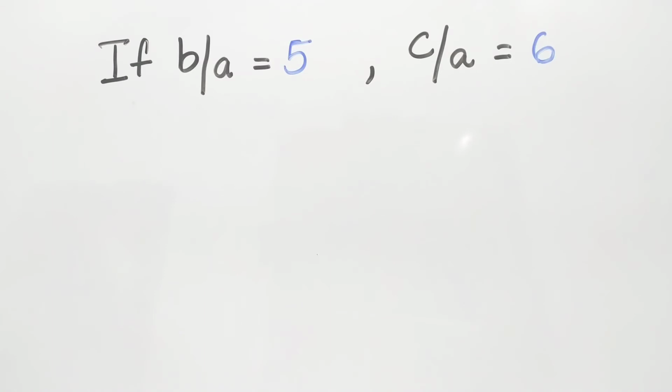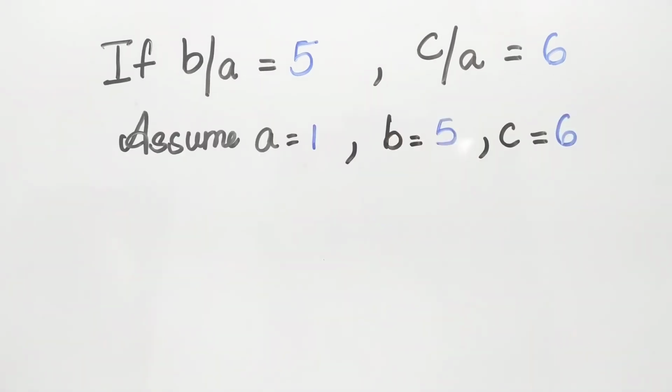We have only two equations and three unknowns, so we cannot solve, which is why we always have to assume a value for a. If I assume a equal to 1, you will get b equal to 5 and c equal to 6, which is the original polynomial we had started with.